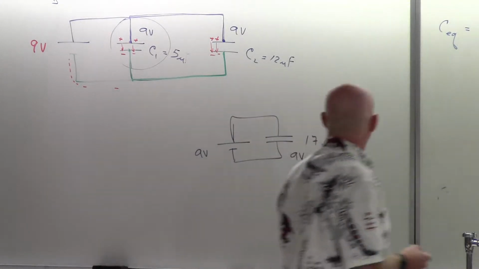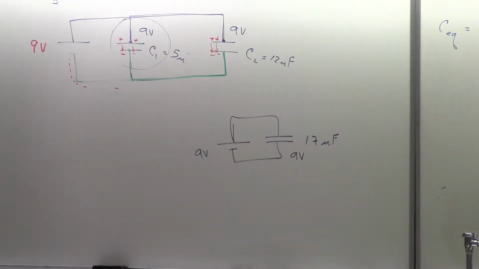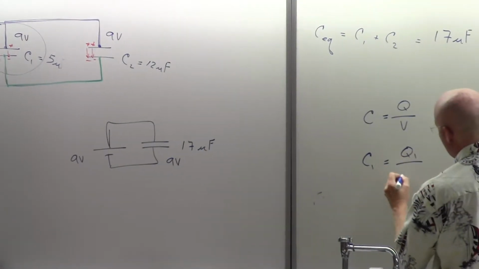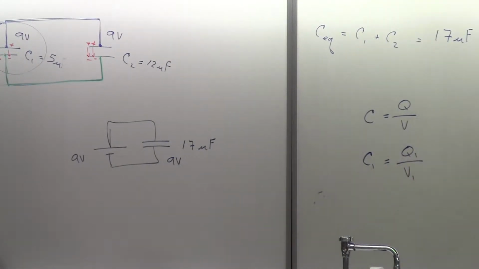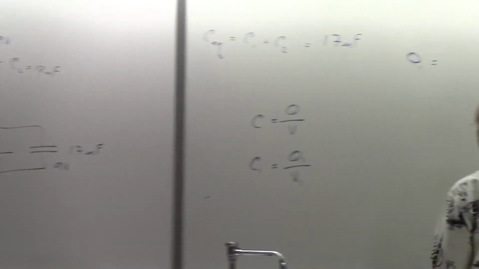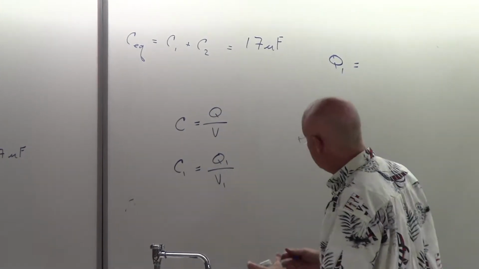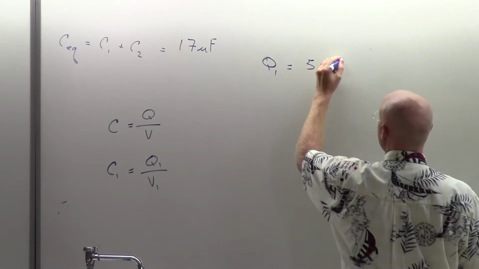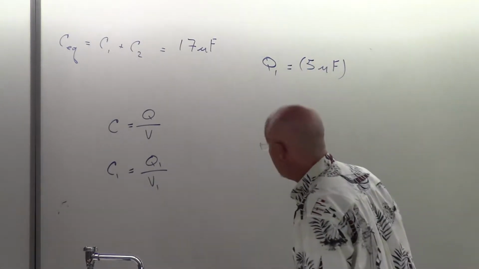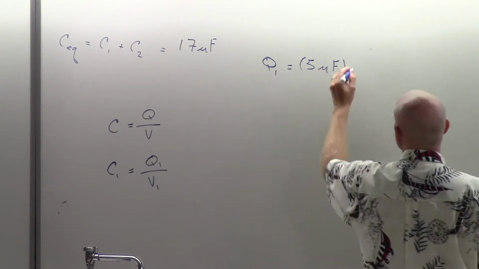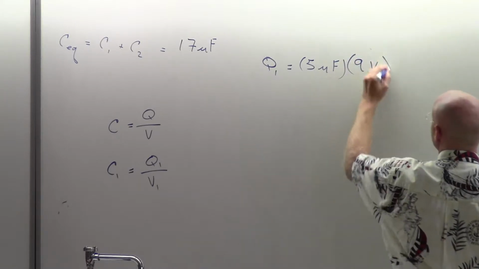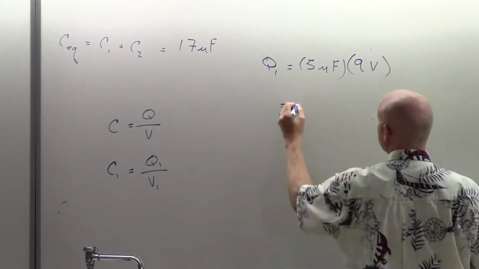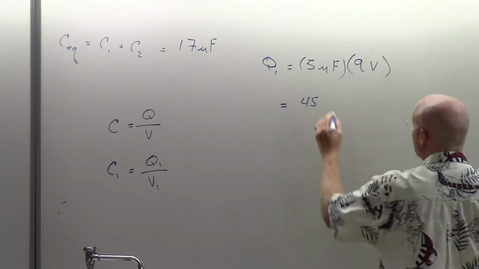But this first one, I would say C1 then is the charge on number 1 divided by the voltage on number 1. Meaning the charge on number 1 would be simply the capacitance on number 1, which is 5 microfarads, times the voltage, which is 9 volts. And of course, 5 times 9 is 45.